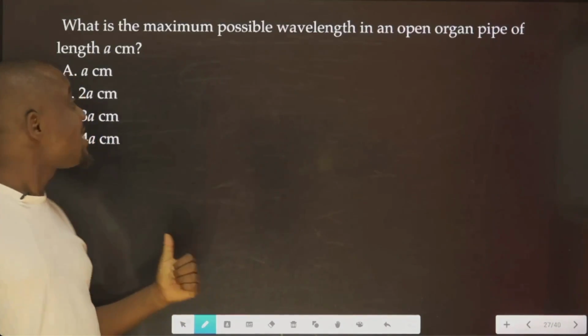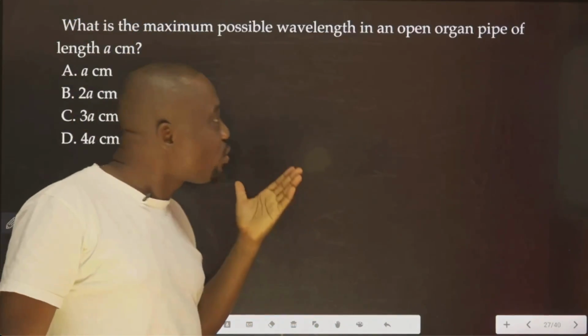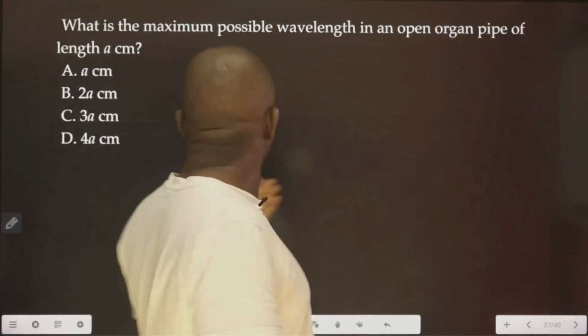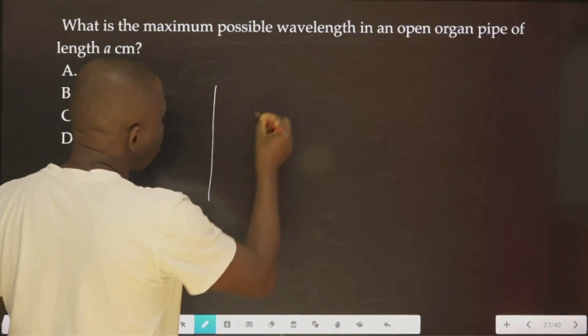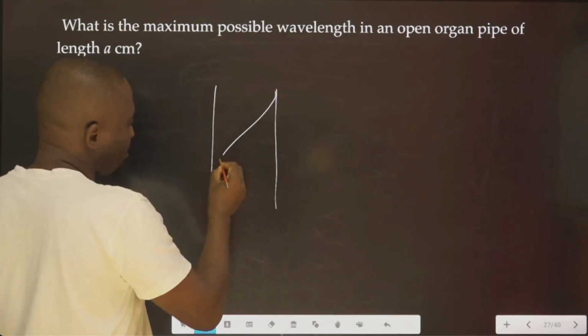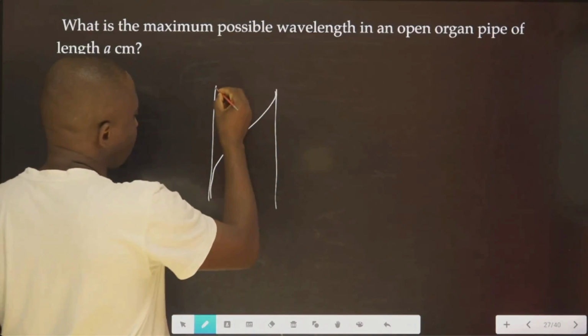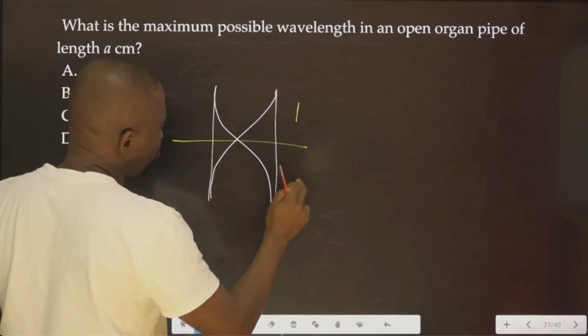Okay? Let's look at this. It says, what is the maximum possible wavelength of an open organ pipe of length 8 centimeter? Open organ. This is 1, 2.